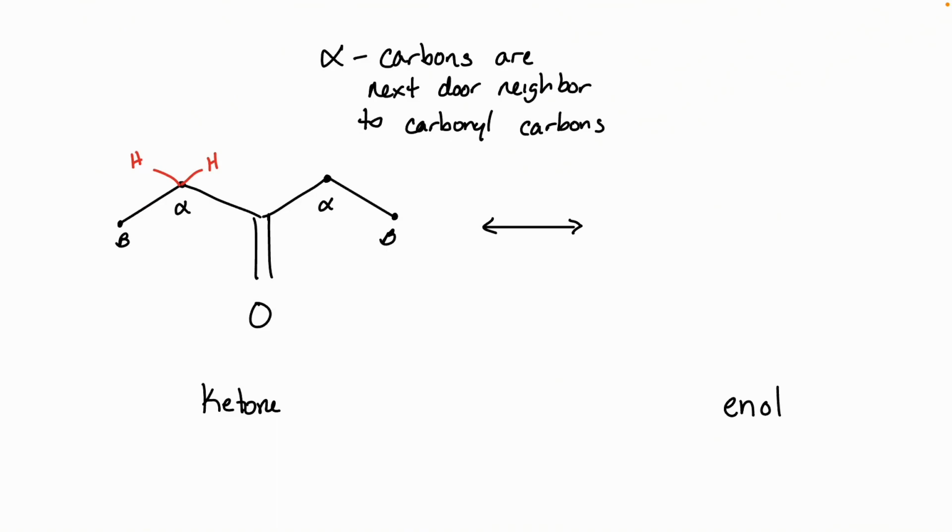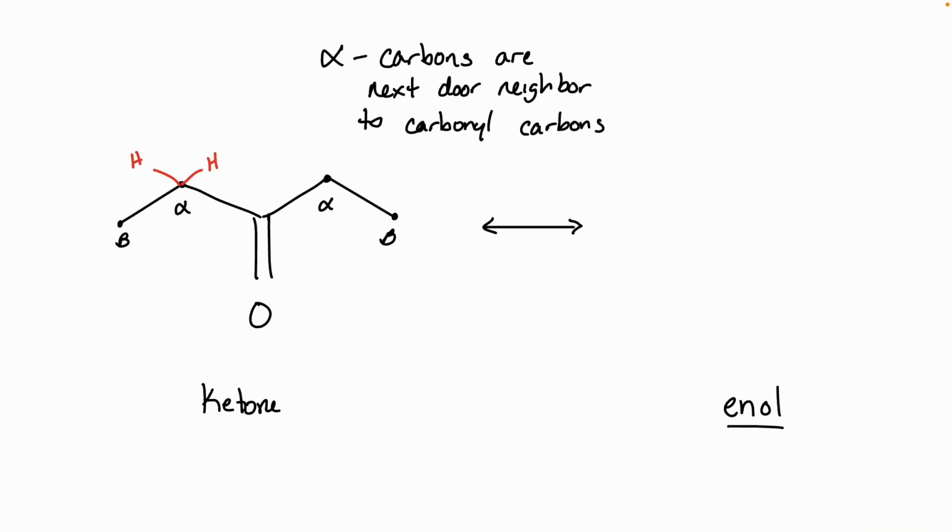All right, let's pick apart that word real quick. What suffix do we use "ol" for? For alcohols, all right? And what about "ene"? When do we use enes? As in alkenes. Double bonds, exactly. So these are going to be molecules that have a double bond and an alcohol group, and they're going to be right next to each other.